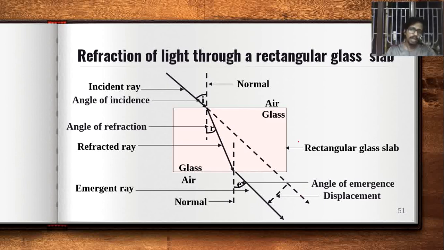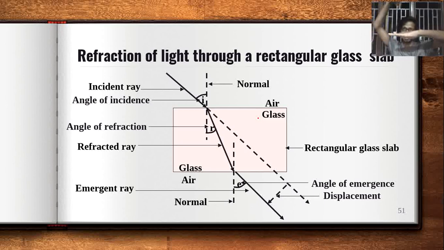Okay, now see, this is the incident light, and this is the glass. So when light travels from air to glass and then glass to air, because this is the rectangular slab. Suppose this is your glass. Now light travels from air, and this is transparent. So light travels through the glass and then comes out from the glass. So there are three things.